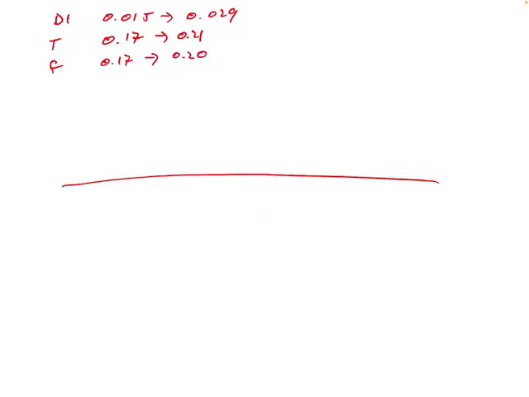Notice how if we were to draw these out on a number line, we have 0 here, a 0.1, and a 0.2, that the distilled water would show up somewhere around this region here. The tap water would show up from 0.17 to 0.21, so maybe somewhere around here. So that's our tap water.